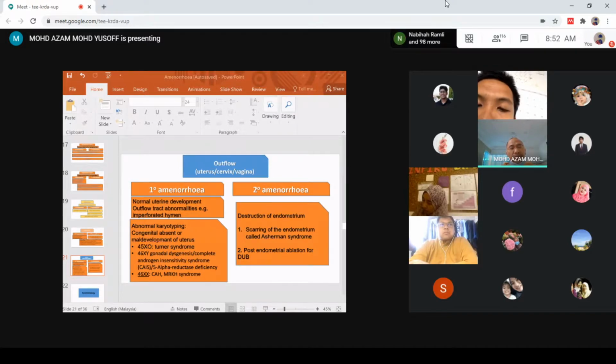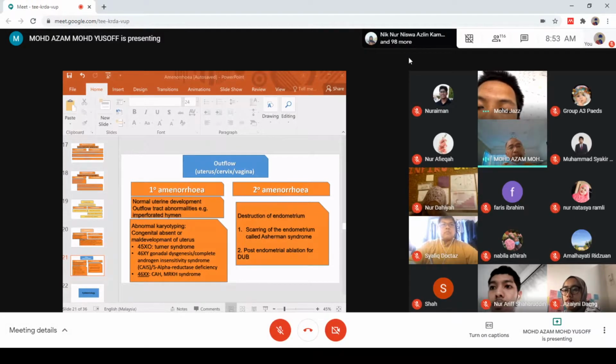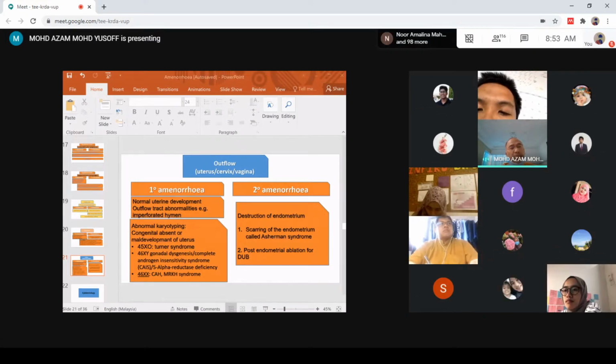Number two, the outflow should not be obstructed. If the outflow is patent, normal, then you have menses. Any problem with these two, the patient will not have menses. If the patient has, let's say, a problem with the pituitary, but she has a normal uterus, she will not have menses.